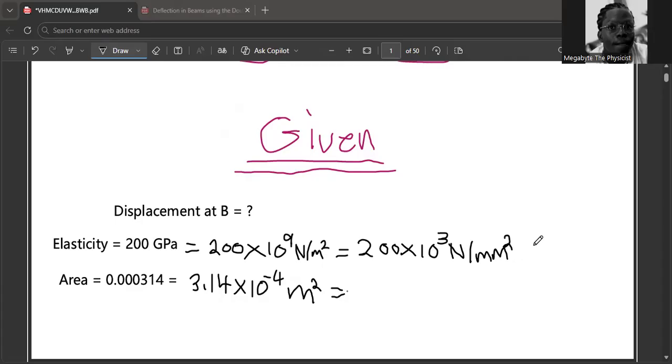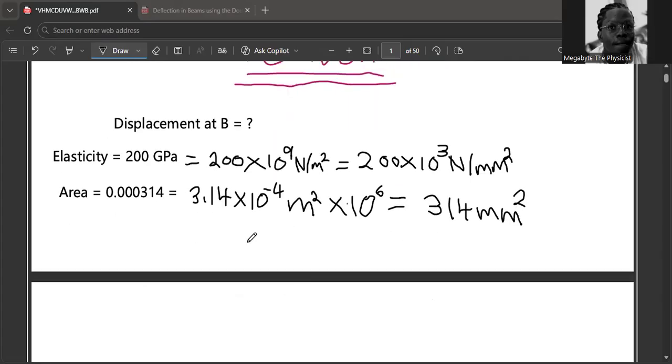So what must we do? We have to multiply it by 10 exponent 6. And now it finally gives us 314 millimeter squared, because it's an area.